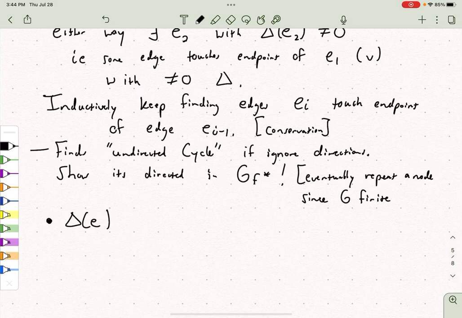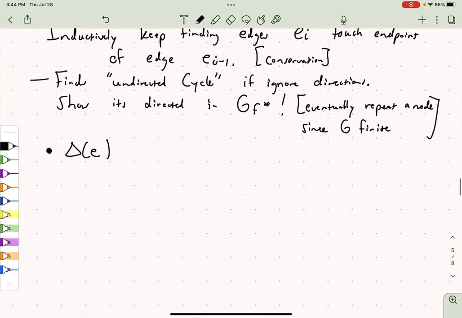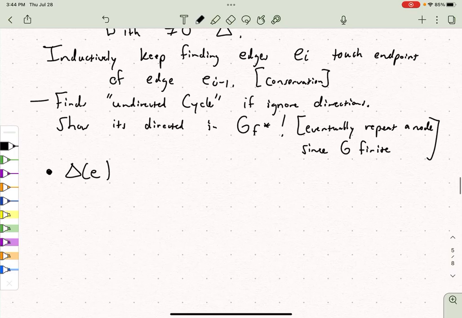This is something we've argued many times before. So overall, it'll have a repeat, and so we found a cycle. So now if we look at our cycle, which is some subset of the E's, so let's say EJ through EK is a cycle of that form. And let's say E is some node on that cycle.